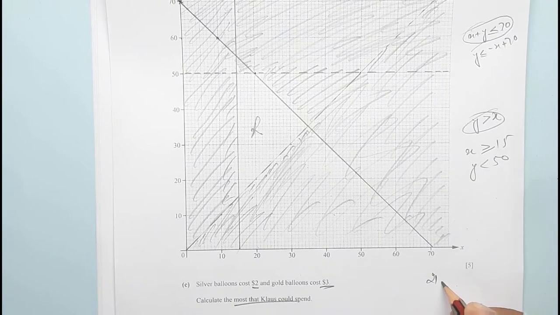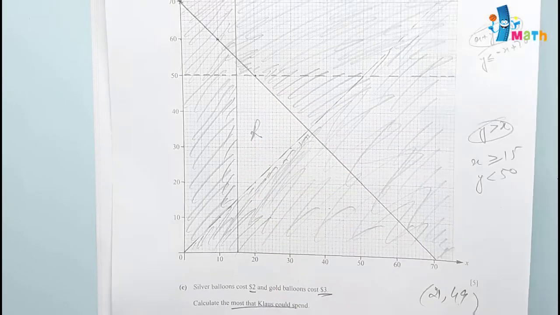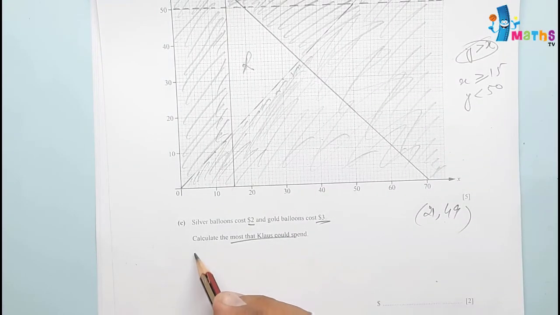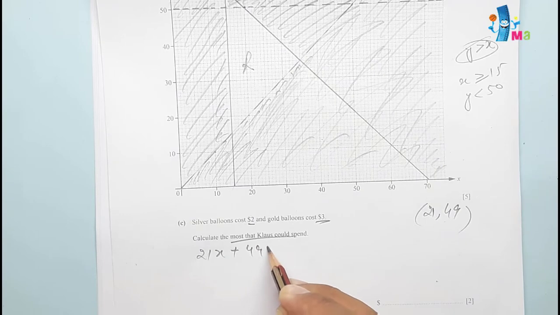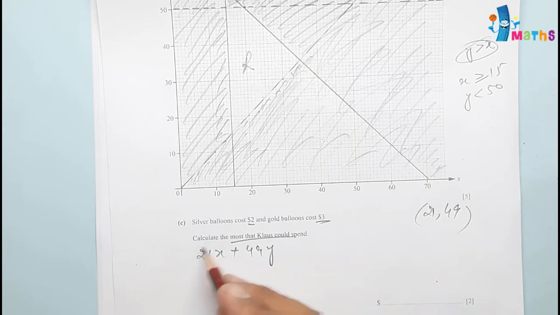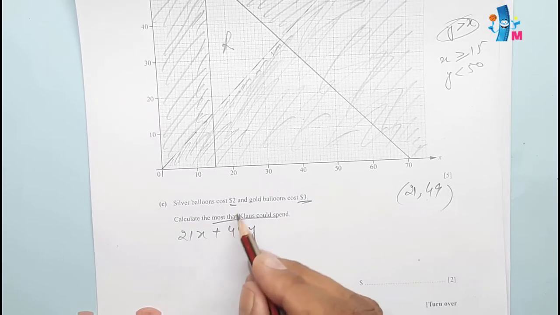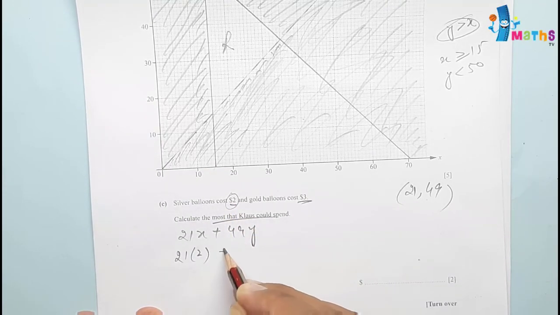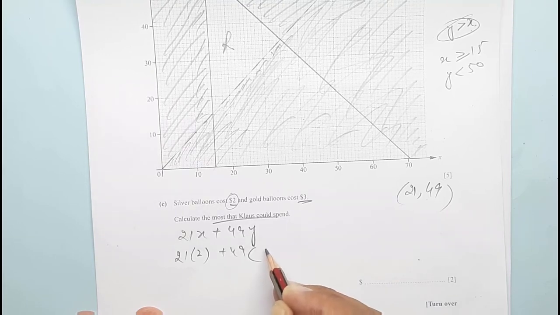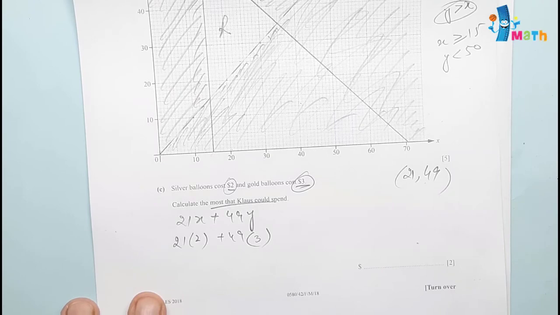It's a little different, so you can take those values. So 21x plus 49y is the maximum he can spend, and x is $2, so 21 into 2 plus 49 into 3.